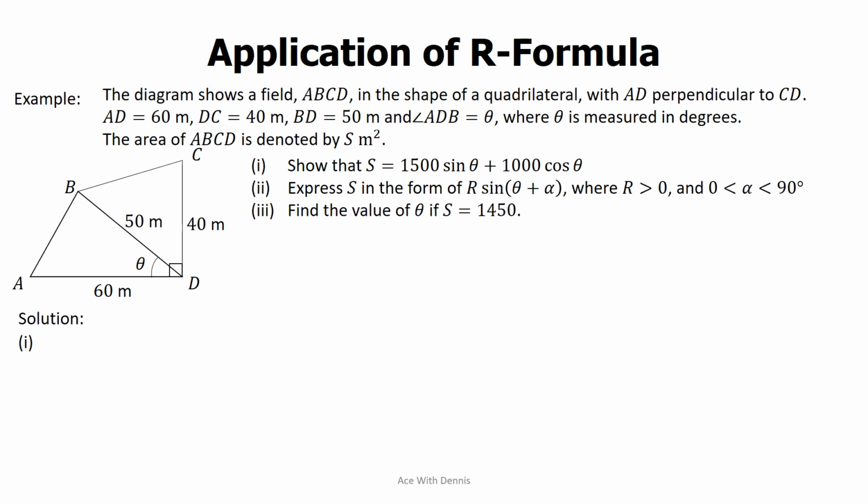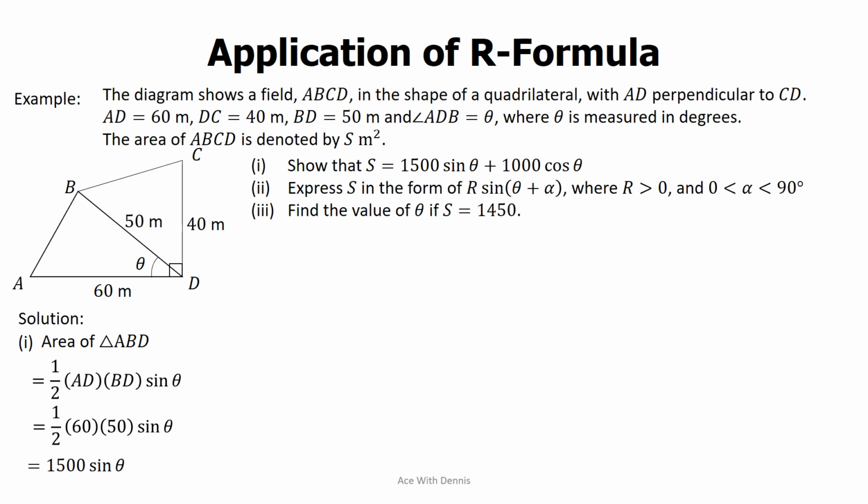Here is the solution. Number 1, the area of triangle ABD is half AD times BD sine theta. We can put in the values. We know that AD is 60, BD is 50. So it becomes half times 60 times 50 sine theta, and it gives us 1500 sine theta.